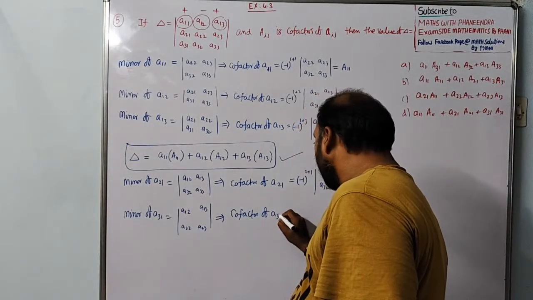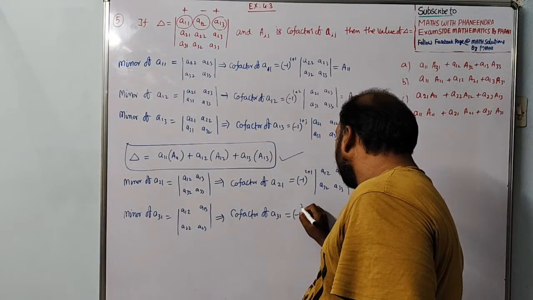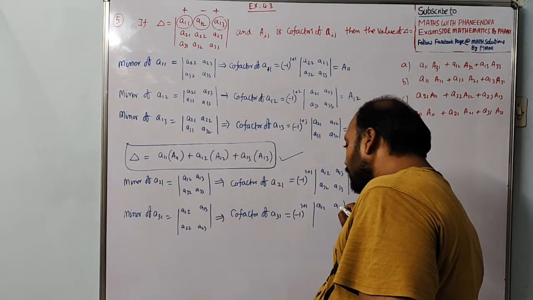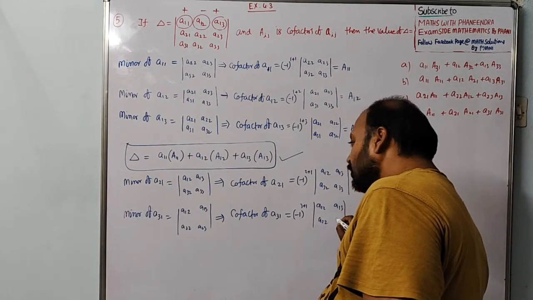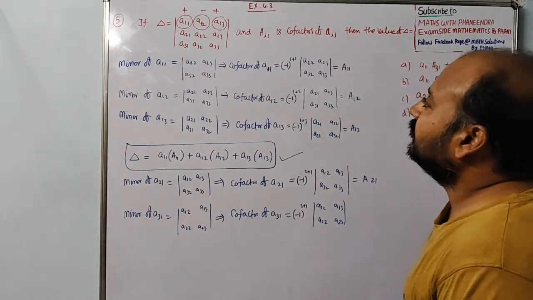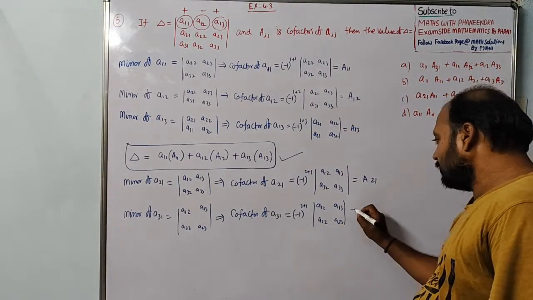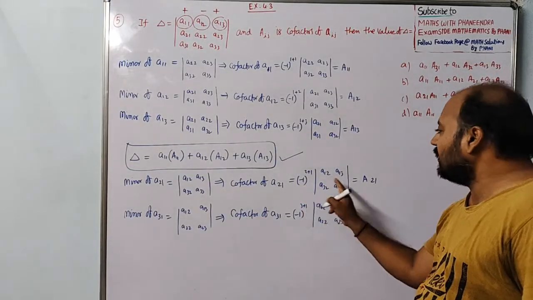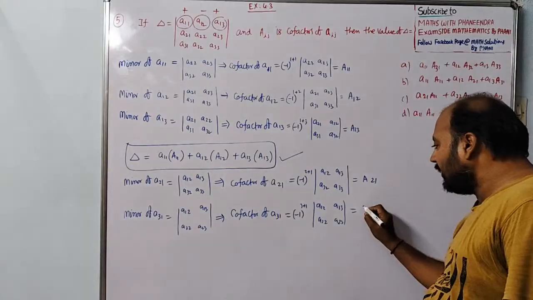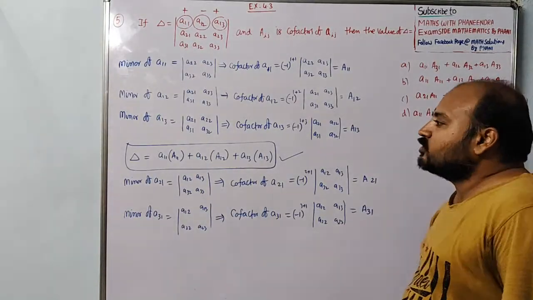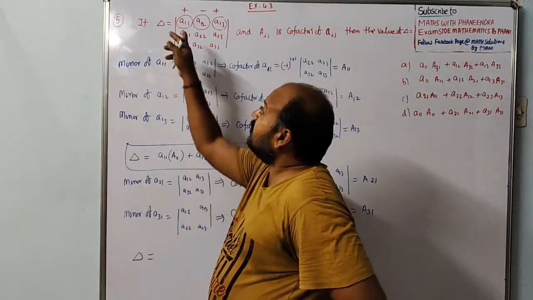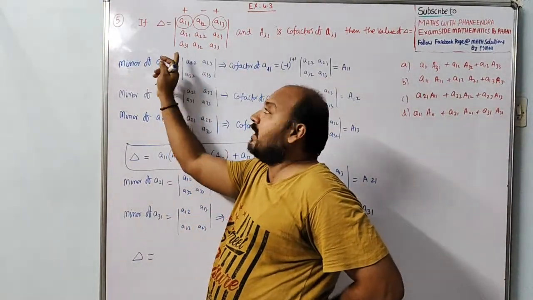So cofactor of A31 is equal to minus 1 whole power 3 plus 1 and the determinant of A12, A13, A22, A23. Minus 1 whole power 3 plus 1 is plus only. Even here also minus will include in this determinant. It comes as A31.